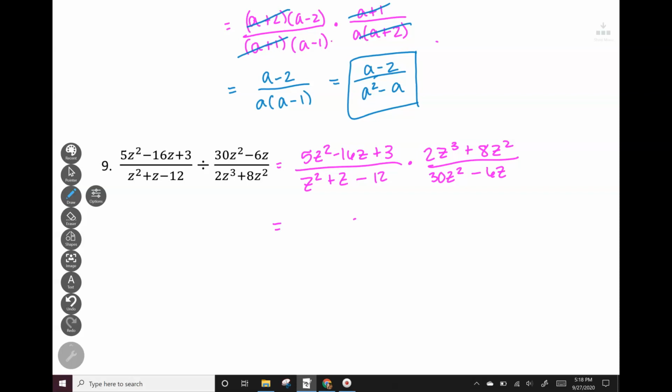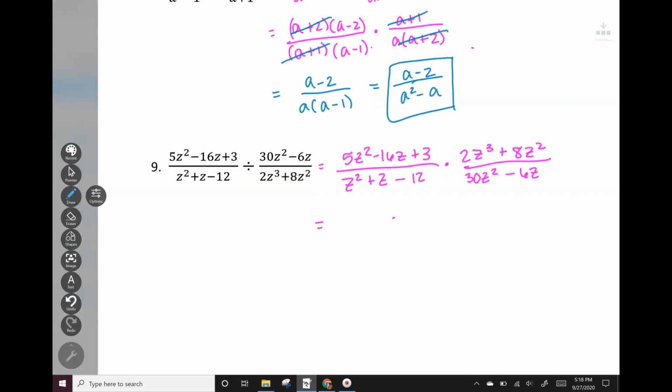So factoring this first numerator, I'm going to do it off to the side because it does have that leading coefficient of 5, and so I'm going to need to use grouping. So I'm looking for two numbers that multiply to AC, which is 15, and add to negative 16. That'll be negative 1 and negative 15 to give me that negative 16 in the middle.